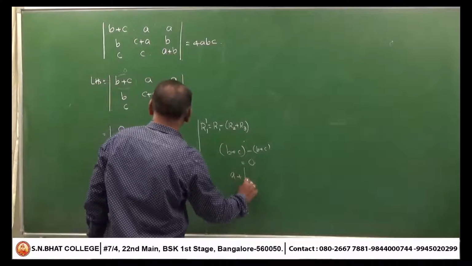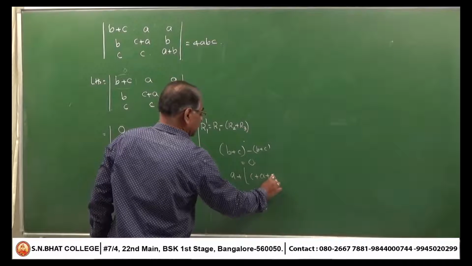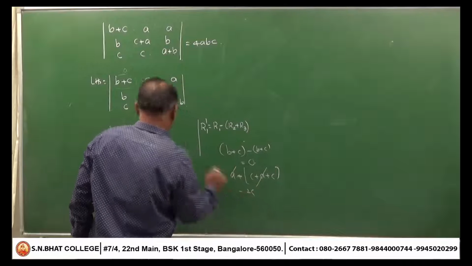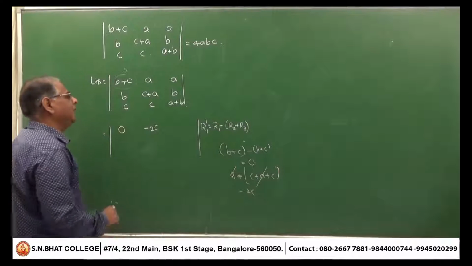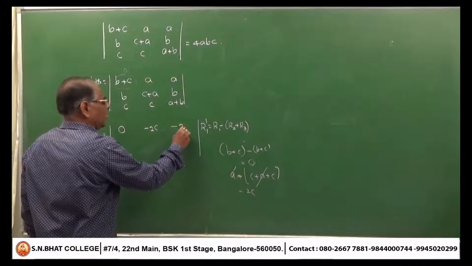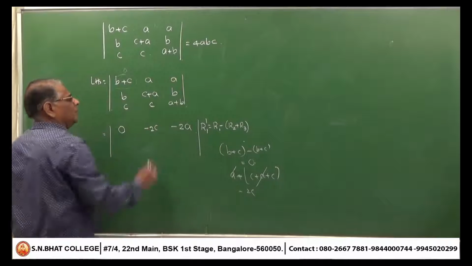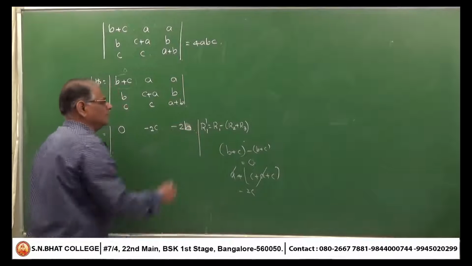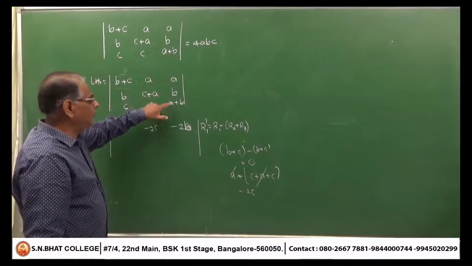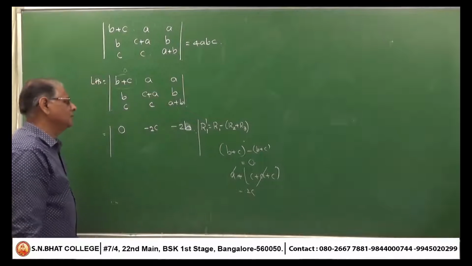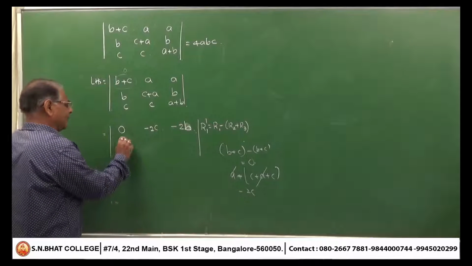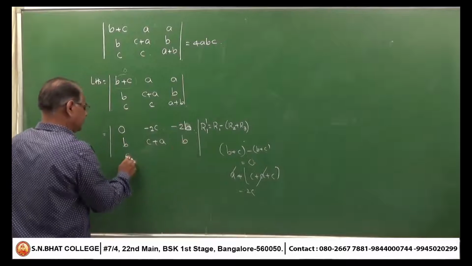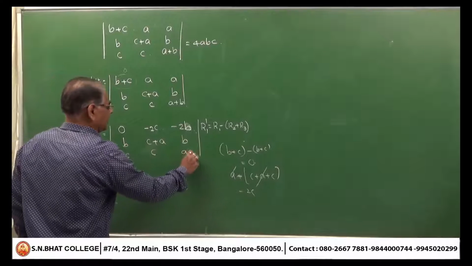A plus C plus A plus C, sorry, minus. These two get cancelled, minus 2C. Here it is minus 2B. This minus of this plus this. Write R2 and R3 as it is: B, C plus A, B; C, A, A plus B.